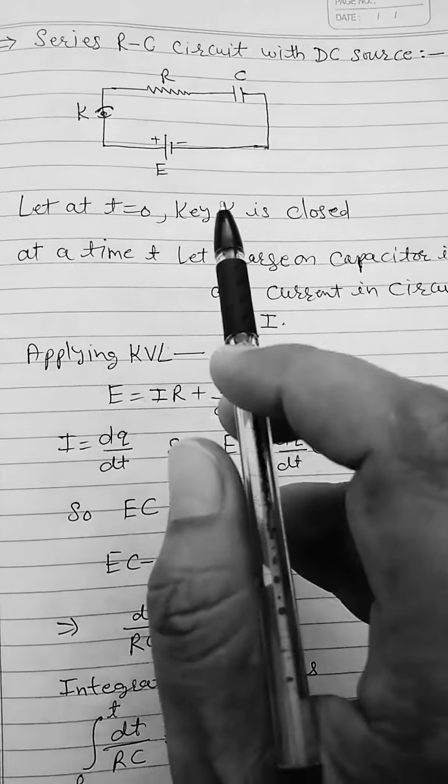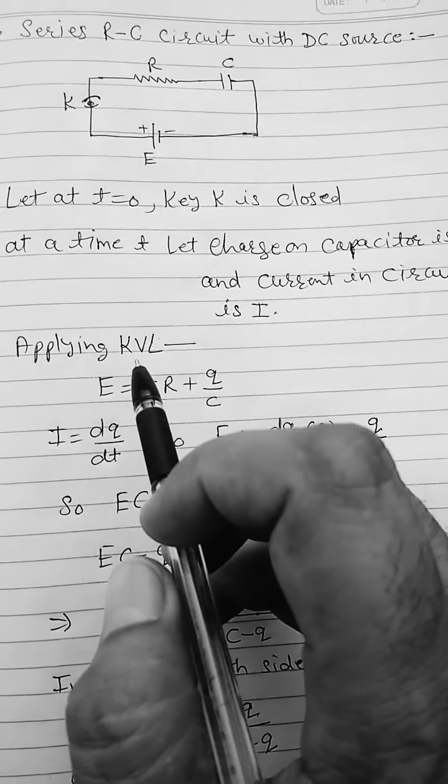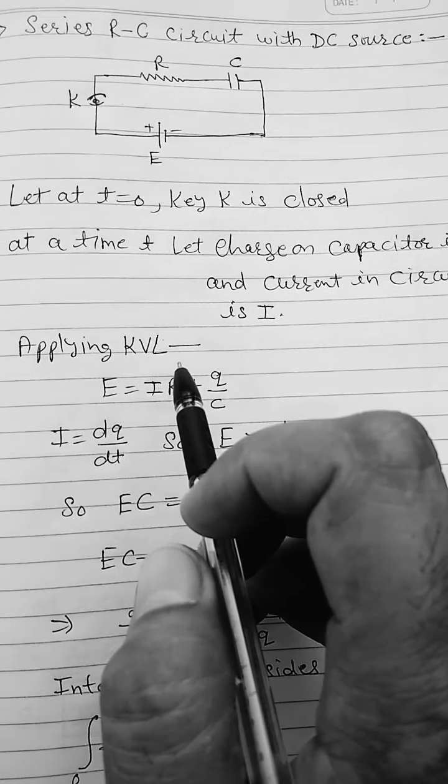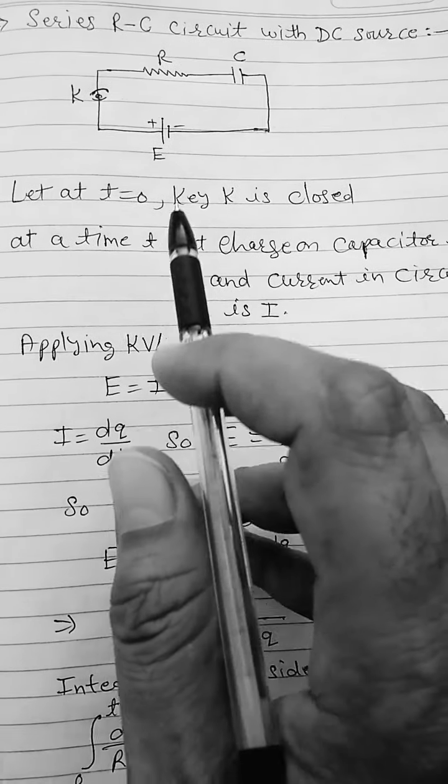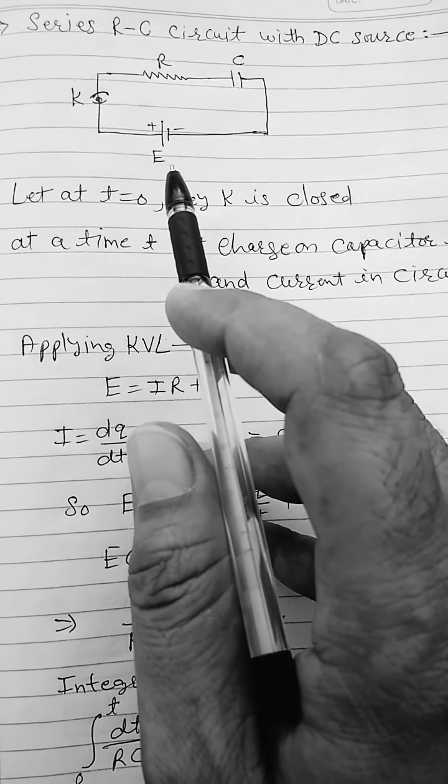Applying KVL in this circuit, KVL means Kirchhoff's voltage law. So here is EMF of this cell.